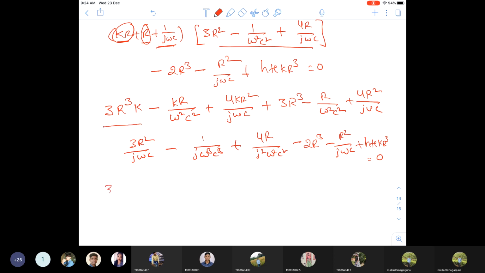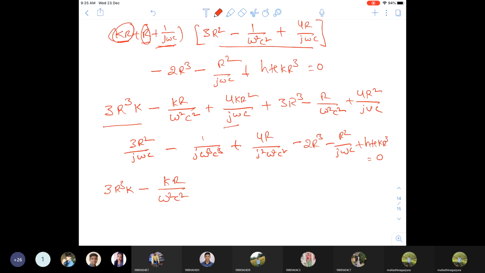This is 3r cube k, minus kr by omega square c square, where the denominator is omega square c square.